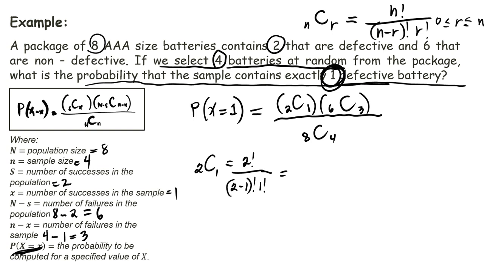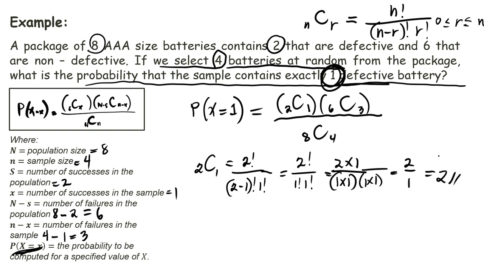So, ano po ang sagot niyan? That is 2 factorial over 2 minus 1, which is 1 factorial, 1 factorial. So, 2 factorial is 2 times 1. And then, 1 times 1, 1 times 1. Same pa din. 2 over 1, which is equal to 2. Ayan.